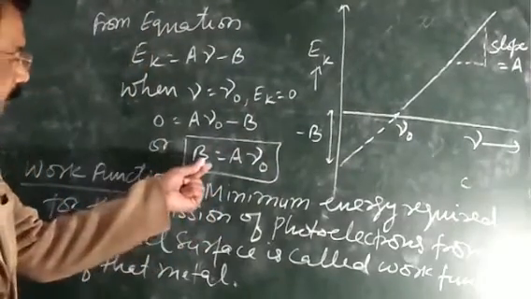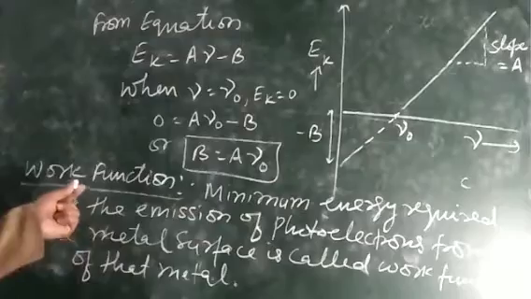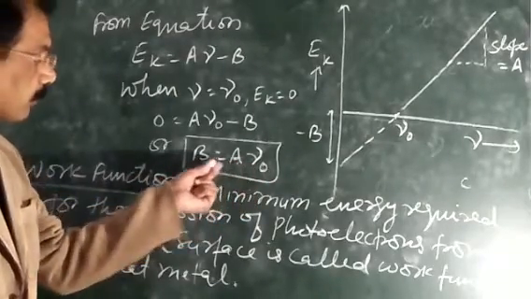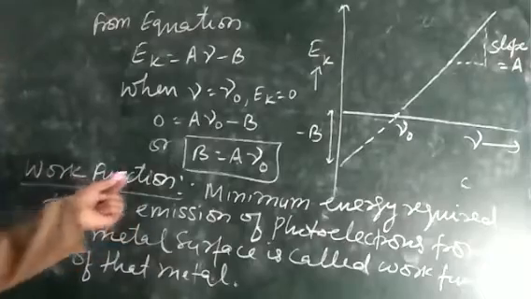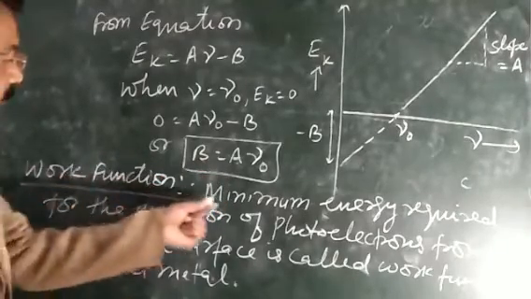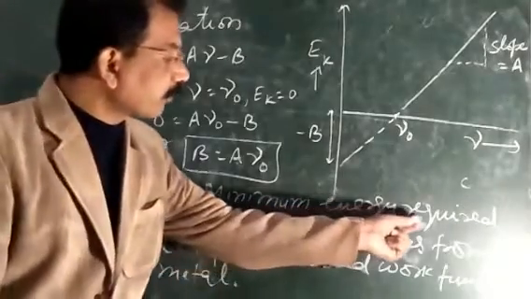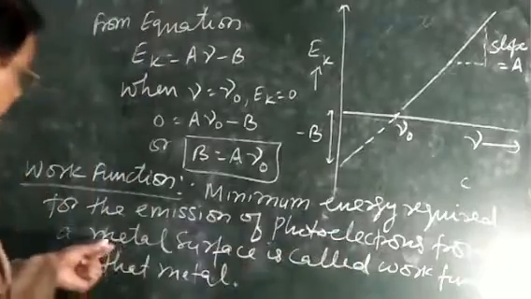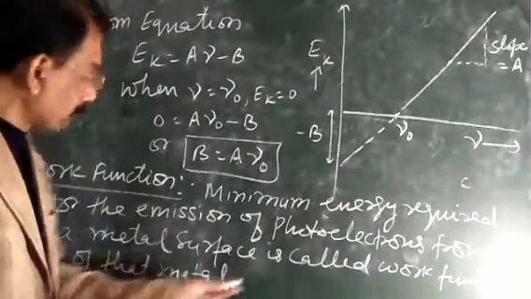So this B means A nu naught means minimum energy, and that defines what here? Work function. So how can we define the work function? Work function means the minimum energy required for the emission of photoelectrons from a metal surface is called the work function for that metal.